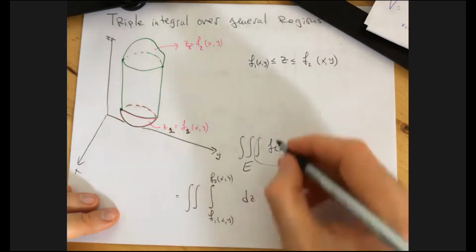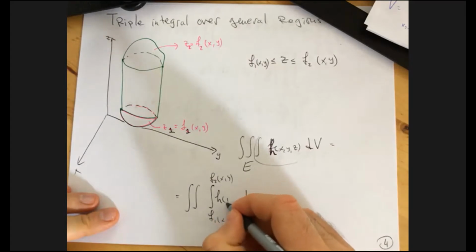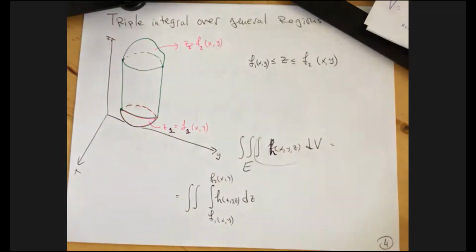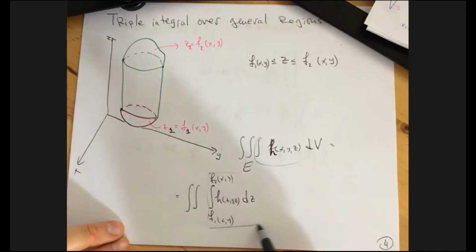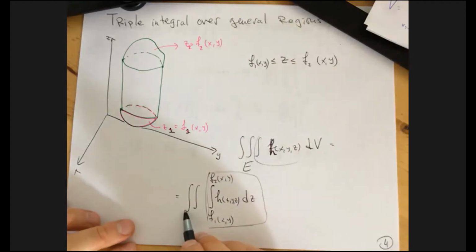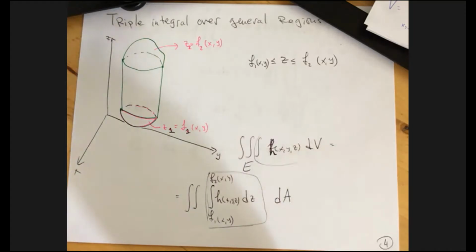Maybe this is a wrong choice of letters. So let's say here I'm integrating the function h of x, y, z. Okay. But then what happens? This integral is going to result in some function. And we are left with what? We are left with a double integral, right? And we already know how to evaluate this. When I'm evaluating a double integral, I have to evaluate it over the area that's dropped on what?